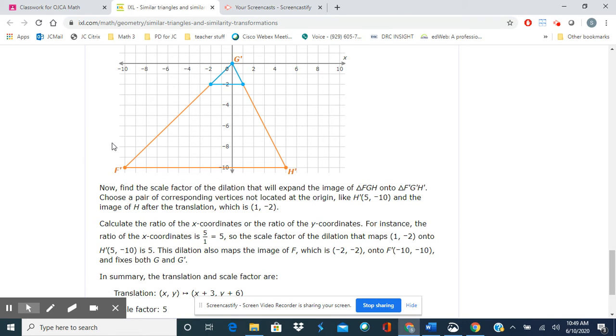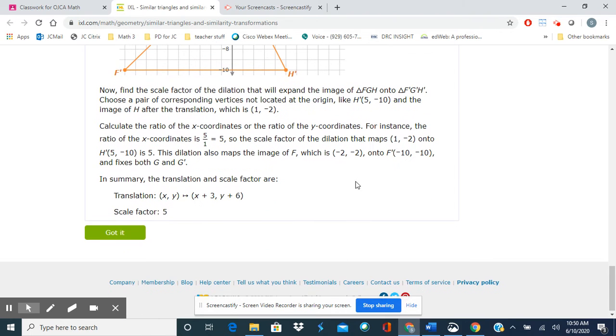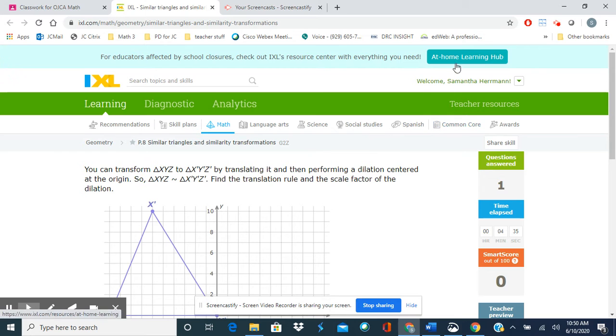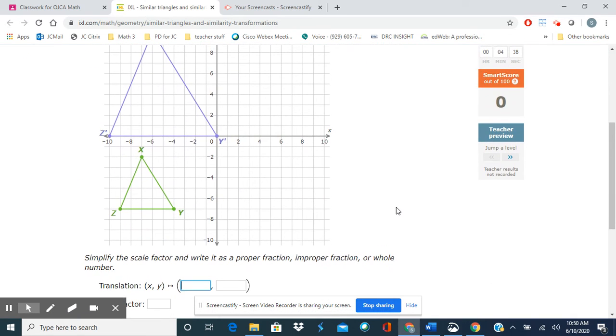I just used my dilated and my original triangle. So my h is actually 1 and 5, not -2 and 5. So I go ahead, I read, I know what I did wrong, got it, I can go to the next question. So let's try again.